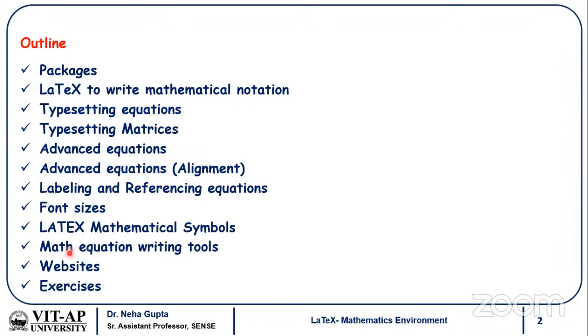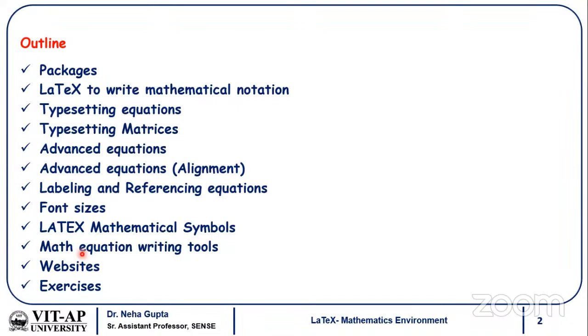Then at the end I'll show you, without knowing anything, like if you don't know about any symbols, sorry, not packages, any symbols, how they can be written into LaTeX, like cos, sine, tan. If you don't know how to write them in LaTeX, we also have writing tools like MathType.